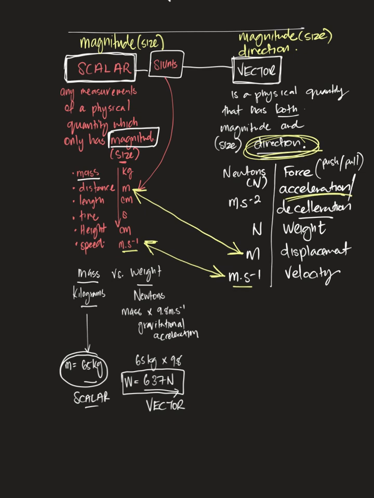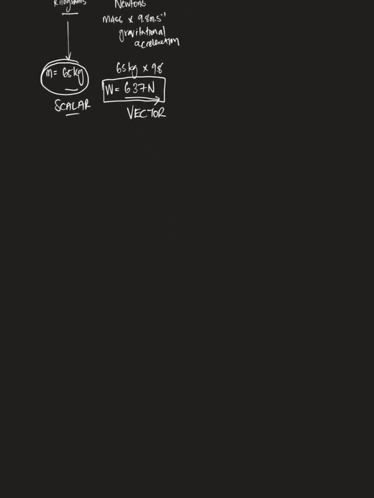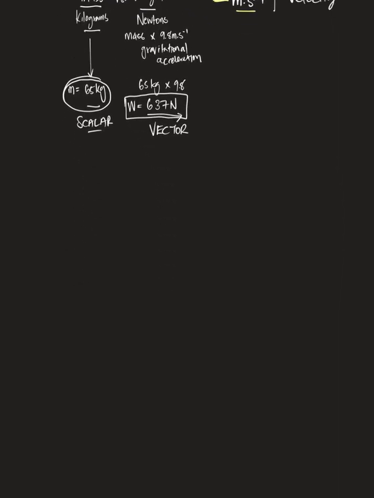All right, let's have a look at the next thing. The next thing I want to look at is distance versus displacement. What do we mean by the two? Let's say I go to a theme park, and I'm going to go on the roller coaster.